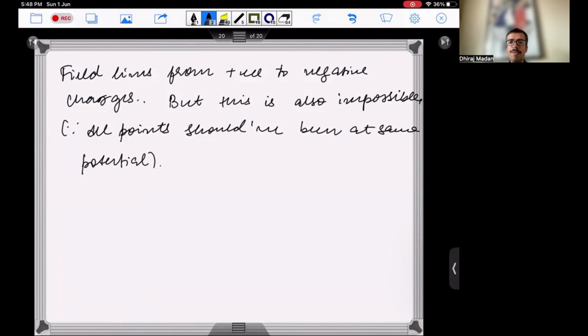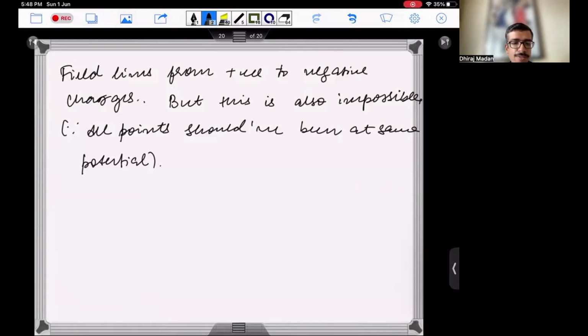So basically, if you have a field line, then that means there is a potential difference which is created, right? But we have seen property 4, which is that all points in the conductor are at equal potential. If there is a field line starting from one point and ending at another, then if you go along that field line, there is going to be a potential difference.